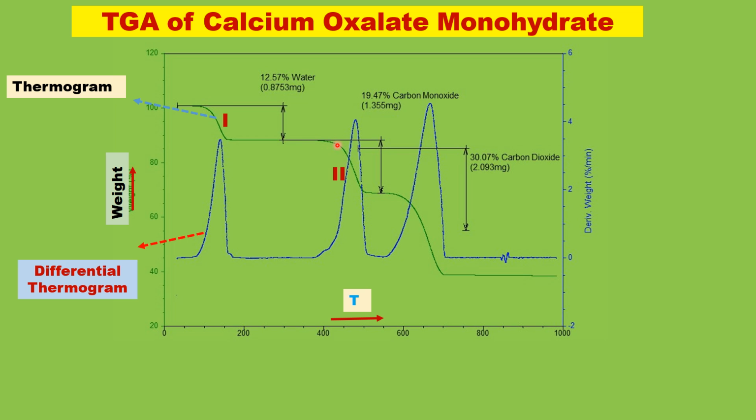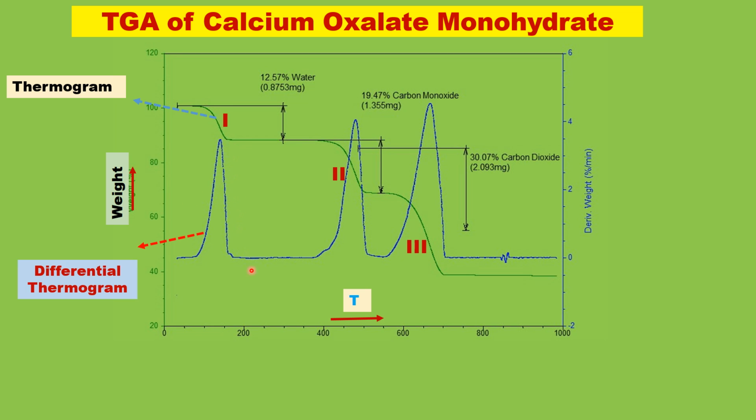this drastic weight change corresponds to the step 2 chemical reaction, and similarly you get a peak in the differential thermogram. And there is a third thermal decomposition process due to drastic mass change. In the first step the mass change is less. The third step mass change is large.